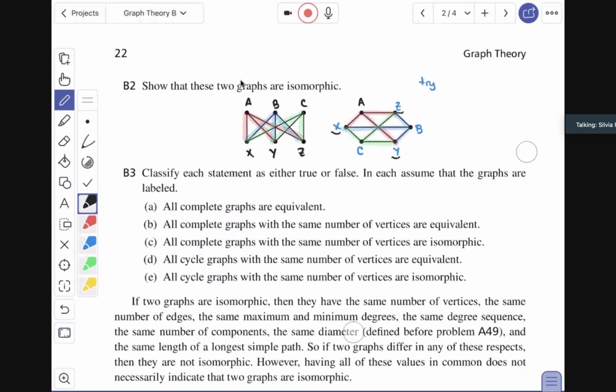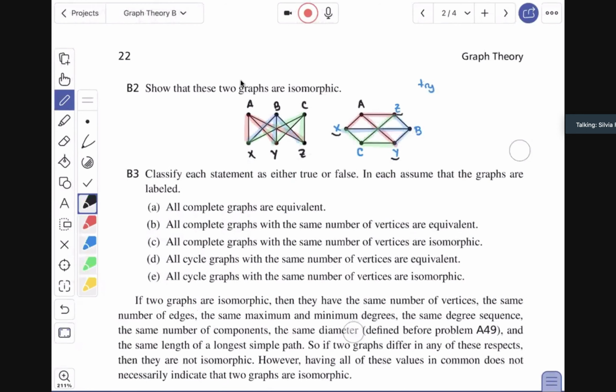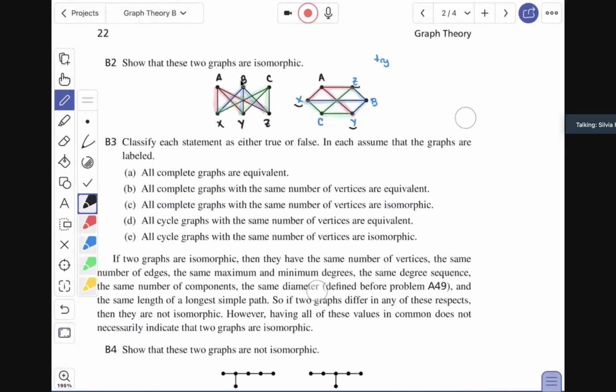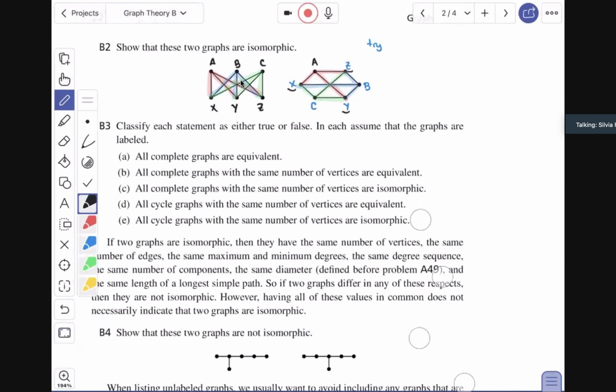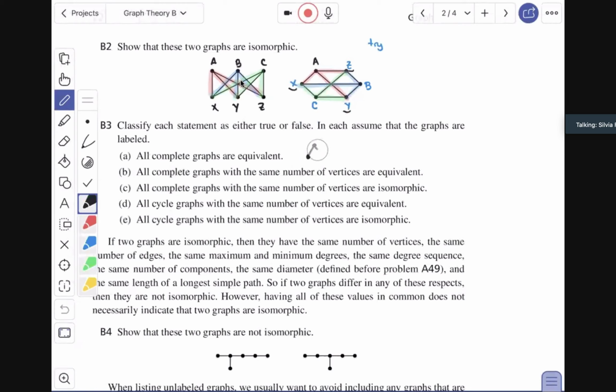Okay, so here, classify each statement as either true or false, and assume that the graphs are labeled. So now you only have labeled graphs. All complete graphs are equivalent. You see, I can give you two complete graphs that are completely different.